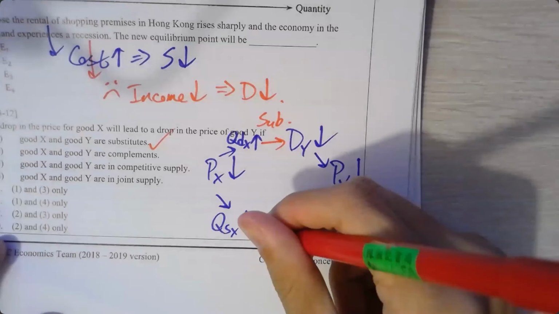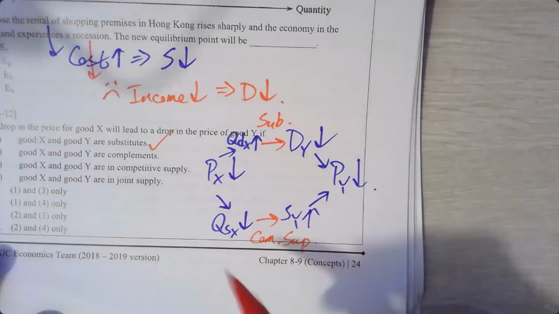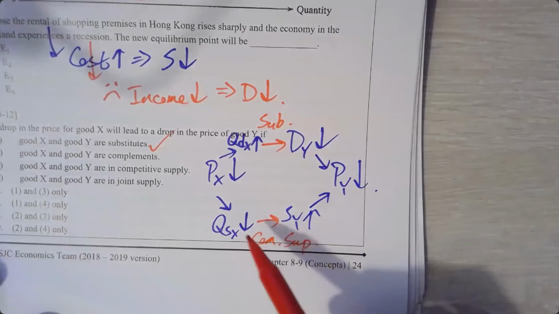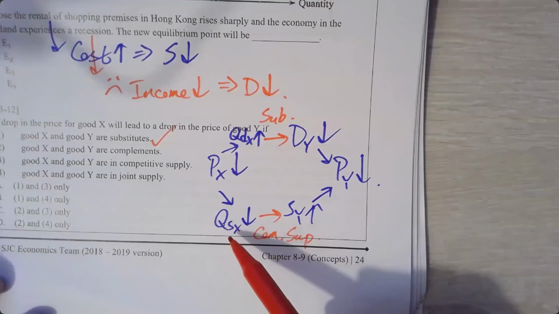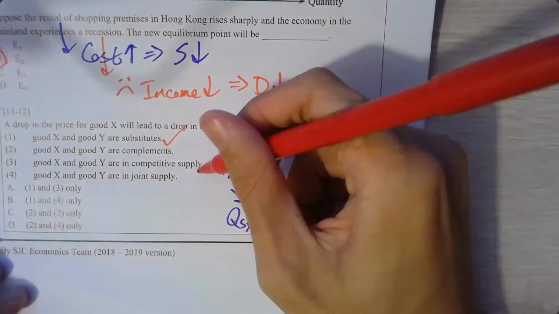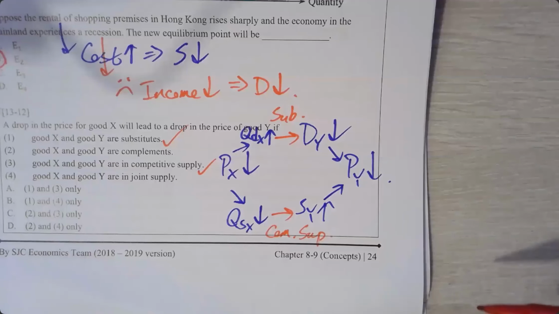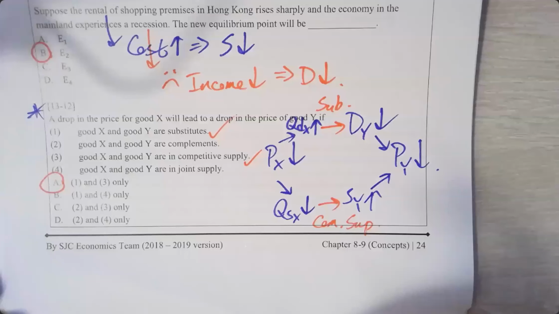Only when they are competitive supply，係咪啊？你要爭啊嘛，係咪？When I make x，then I can't make y. Now I do not make x, I can make more y, right? So here, competitive supply and substitute. Okay, answer 1 and 3.